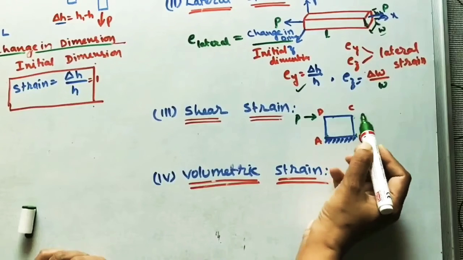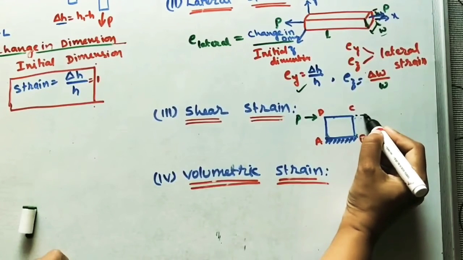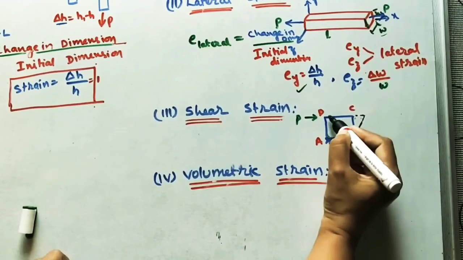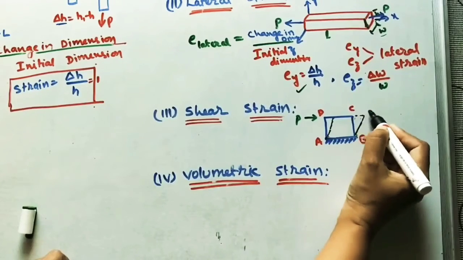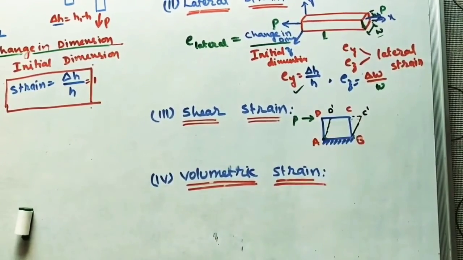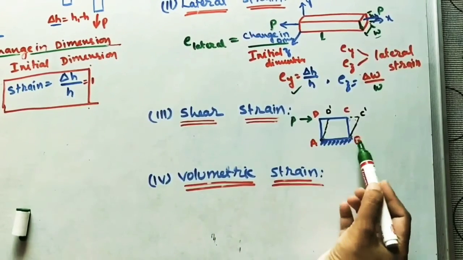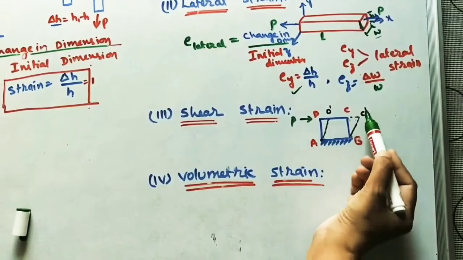Because of it, this object is trying to move like this: C is coming to C dash, D is coming to D dash. Because of this force, the entire body ABCD gets the new position AB, C dash, D dash.